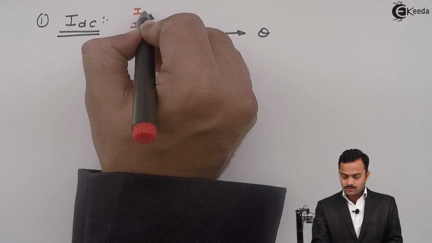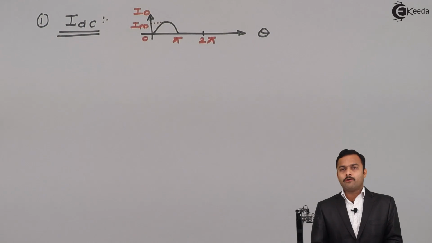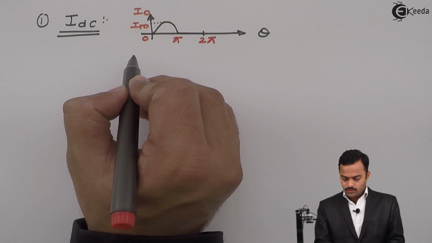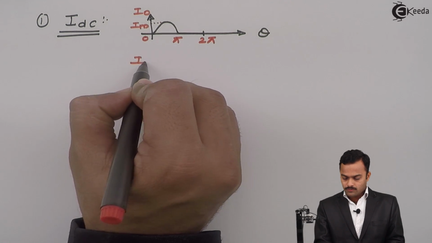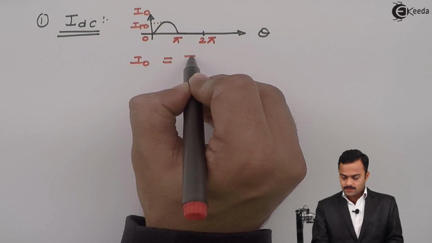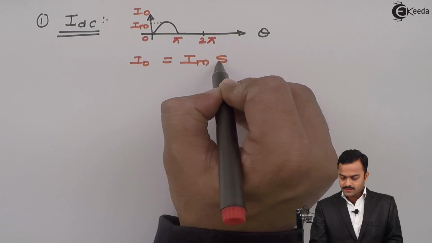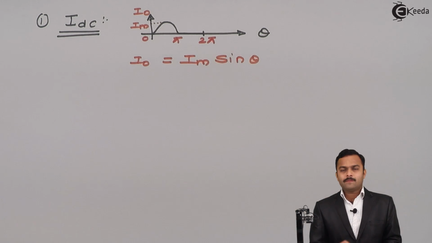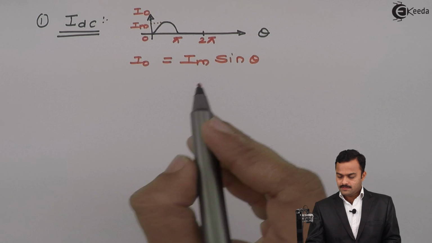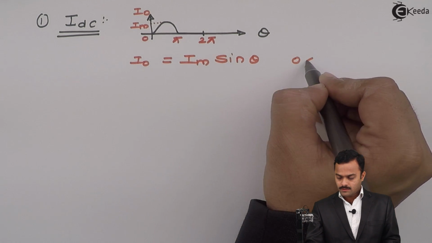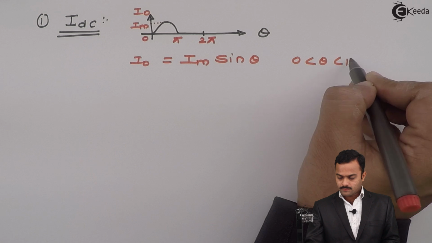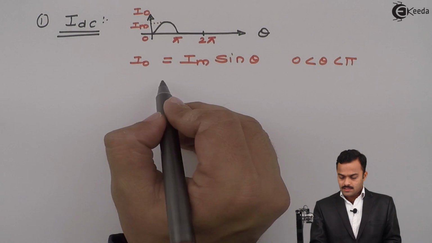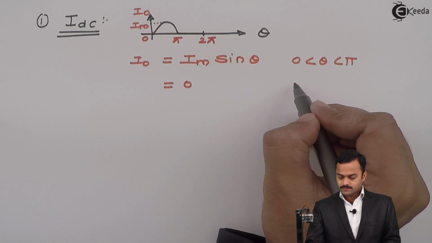So this is IO, output current. So I can write over here IO is nothing but Im sin theta, same as the supply current, but that is during 0 to pi, only positive half cycle, otherwise it is 0.